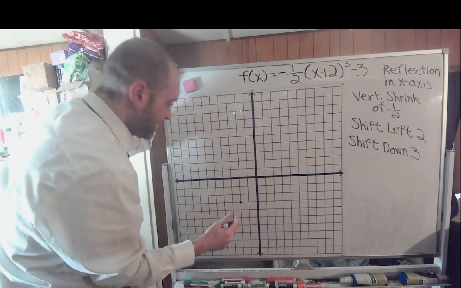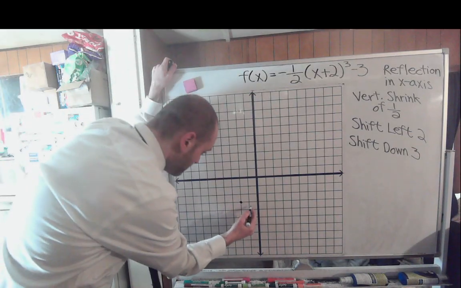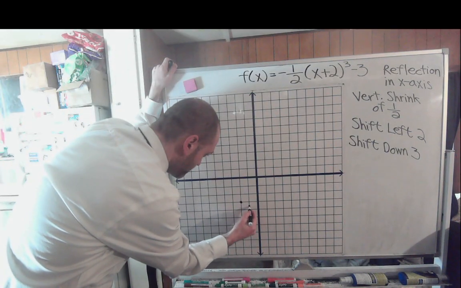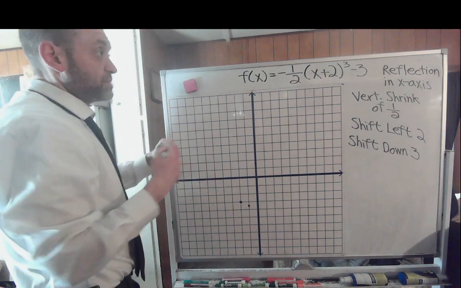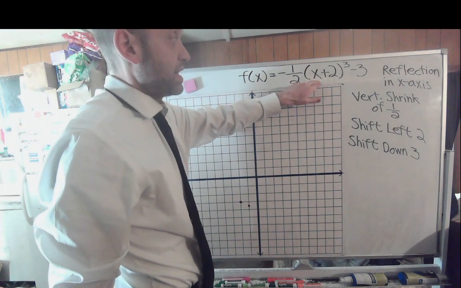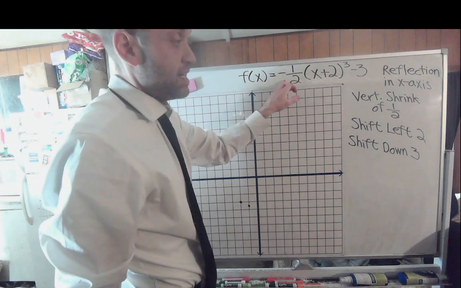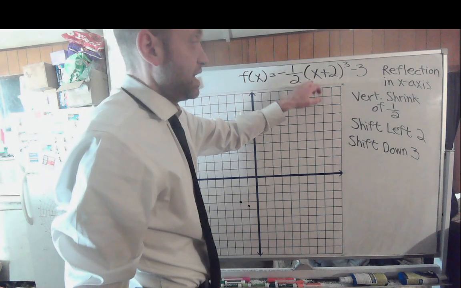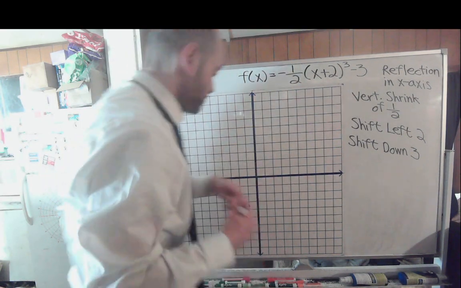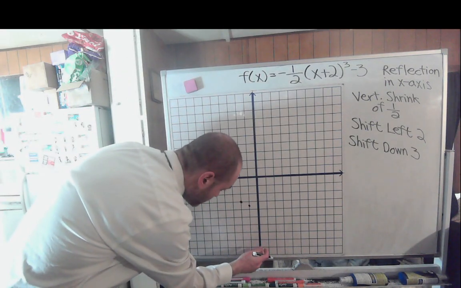Yes, negative 3.5. There we go. Yep, I knew I misplotted somewhere. Okay, let's put 0 in. So when x is 0, you would get 2 to the third, which is 8, times that negative 1/2 is negative 4, minus 3, you'd be all the way down to negative 7.